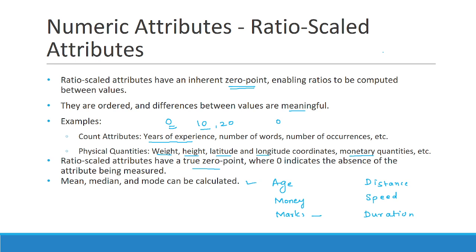Second, binary attribute. Third, ordinal attribute. And fourth, numeric attribute. In numeric attribute, we have two subtypes. First is interval scaled attribute, and second is ratio scaled attribute.